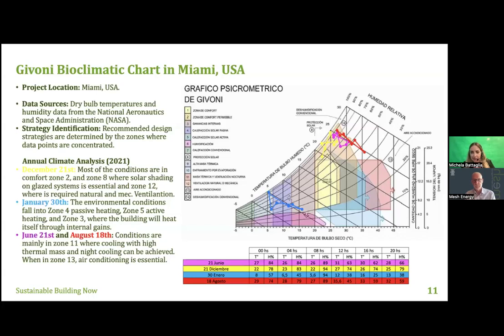Also, sometimes, as you can see here on the 21st of December, which is winter there, we are in zones 11 and 12. While on the 18th of August and the 21st of July, we are also in zone 11, and in zone 13. So sometimes, yes, we have to turn on the air conditioning, but in some cases we could use thermal mass and natural ventilation to cool the interior of the building.